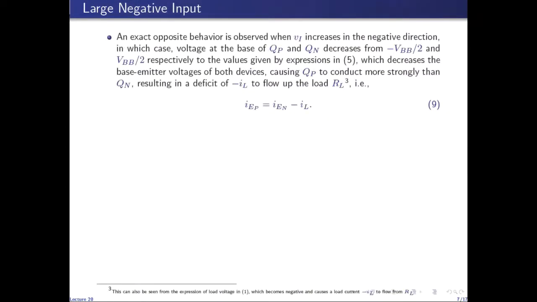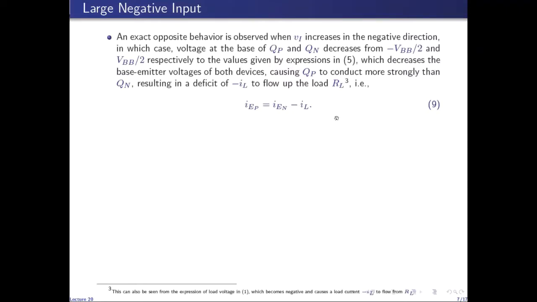So this decrease in the voltage at the base will reduce the base emitter voltages of both devices. So a decrease in base emitter voltage of Qn will reduce the forward bias across the base emitter junction, whereas a decrease in base emitter voltage of Qp will enhance the forward bias across the emitter base junction.